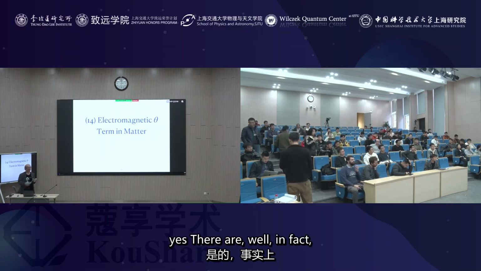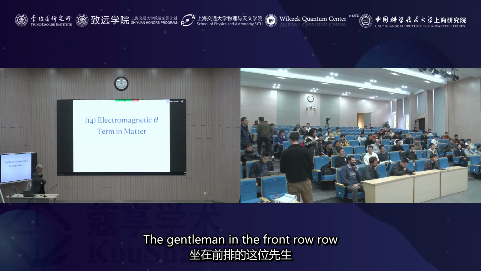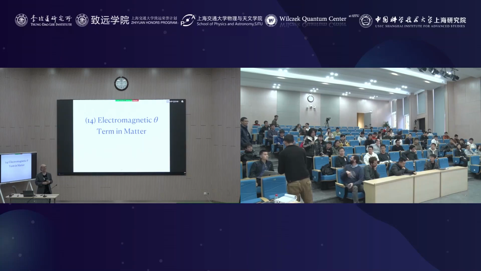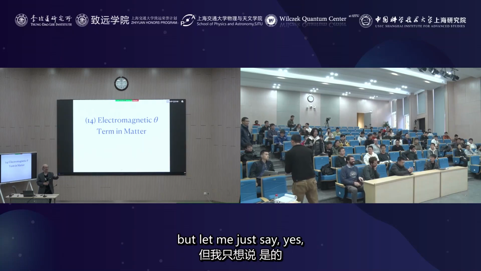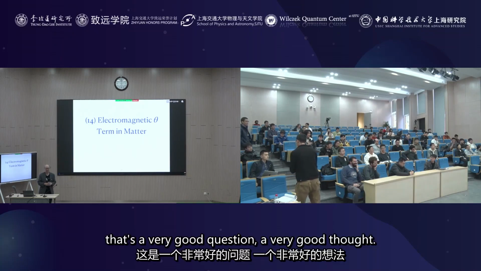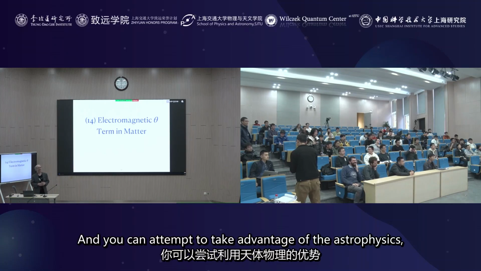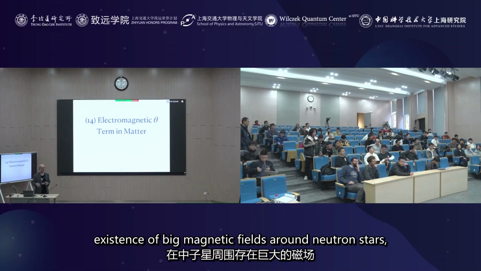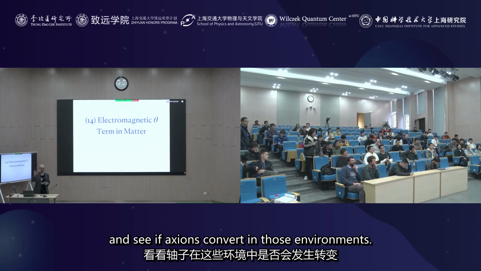Yes, there are. Well, in fact, the gentleman in the front row here was telling me earlier. Maybe I'll let you take over, but let me just say yes. That's a very good question, a very good thought, and you can attempt to take advantage of the astrophysical existence of big magnetic fields around neutron stars, and see if axions convert in those environments.